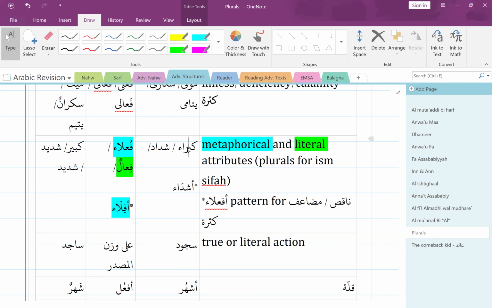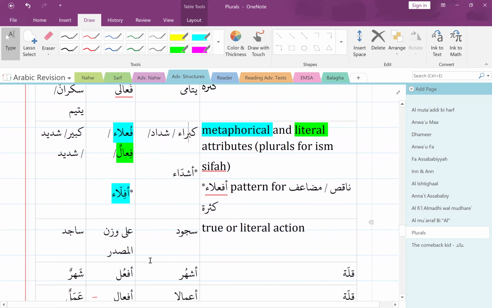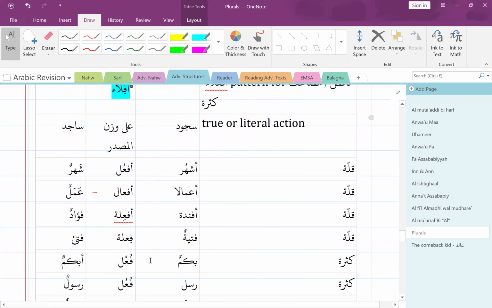But if I say kibar, I actually mean older people. So kabir is somebody who's old or big in size. So if I say kibar, I'm actually referring to a literal attribute of somebody, very literal. It has to do with either age or size. That would be kibar. But kubara is more metaphorical. So I hope that explains something for you.